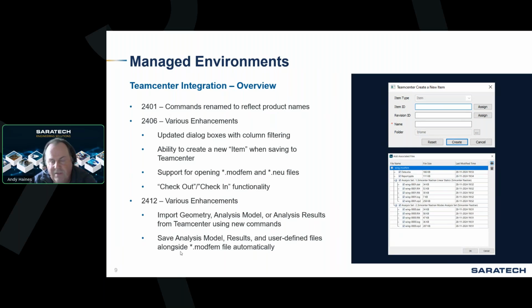And one of the neat things that a lot of people may not have seen is add associated files. So you can include things that are in the same directory, say Excel spreadsheets, PowerPoints. But the big thing here would be including the results files from, say, Nastran with the model file for a particular analysis set. So that's all stuff that can be automatically added.